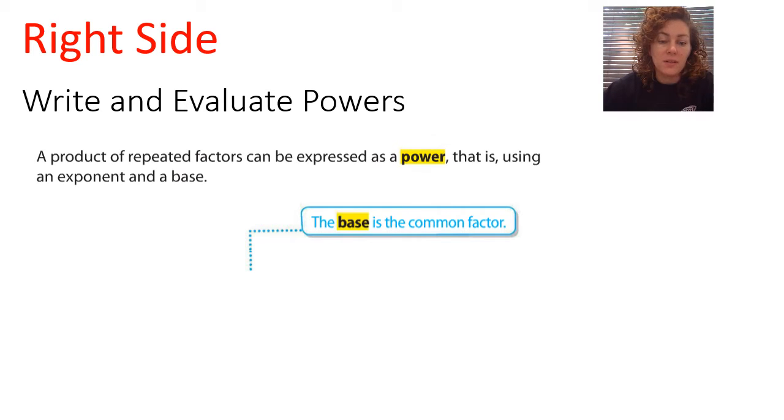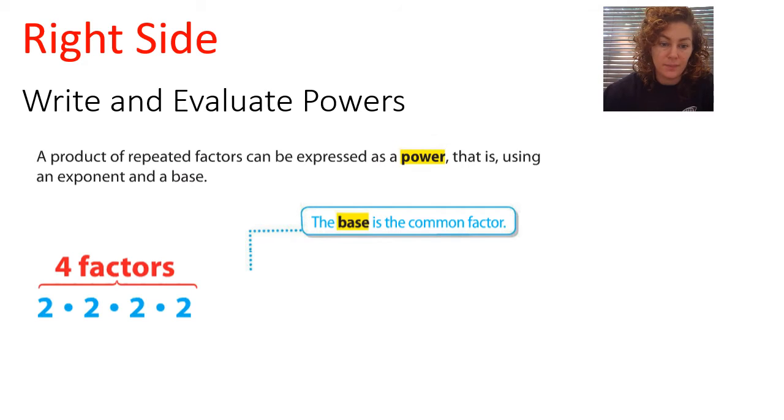A product of repeated factors can be expressed as a power, that is using an exponent and a base. So if I have a repeated factor like 2 times 2 times 2 times 2, that means I have 4 factors. So the base of a power is that common repeated factor.